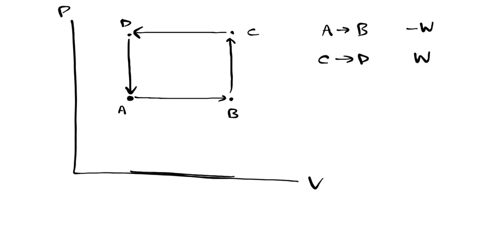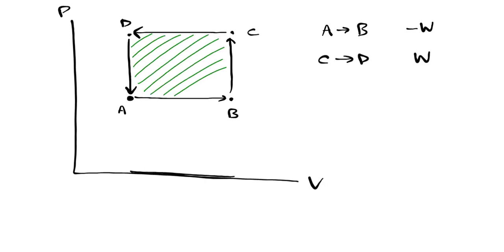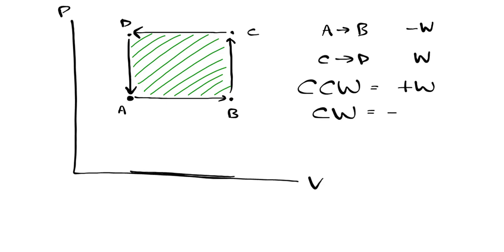At the end of the day, what that means is that the actual net work being done is the area encased in the process. So this here is the area being enclosed. One way you can think of whether this is positive or negative is to look at the top. If the top is positive, like it is in this case, the net work would be positive. If it were the other way around, it would be negative. Another cool way of looking at this is that traveling counterclockwise around there equals positive work, and clockwise would be negative work.